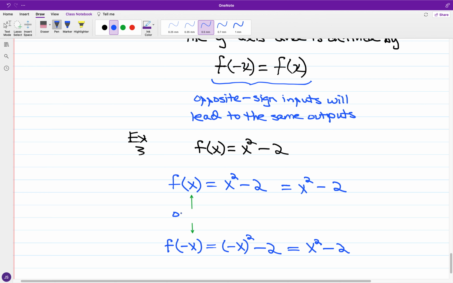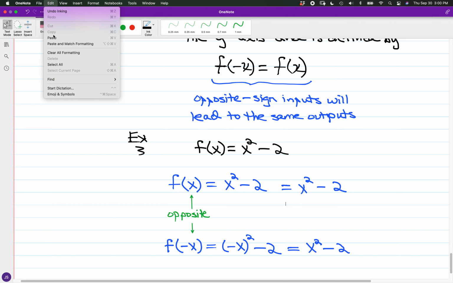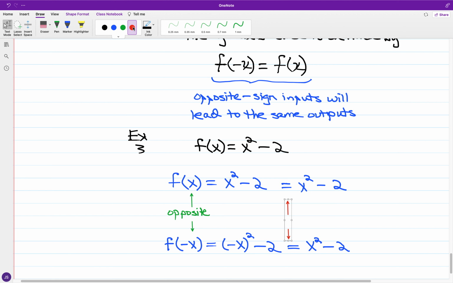So the inputs, those are going to be opposites. And for what we have in terms of the outputs, if you notice, you have x squared on both, negative 2 for both.